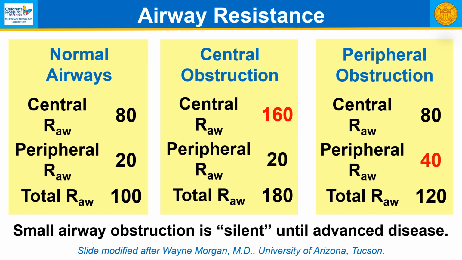People with asthma know when they have an asthma attack. It's not subtle. On the other hand, if you had a disease characterized by only peripheral airway lung disease, and you double peripheral airway resistance, you don't have much effect on total airway resistance, so you may not notice it. Consequently, small airway obstruction is silent until you have advanced lung disease.